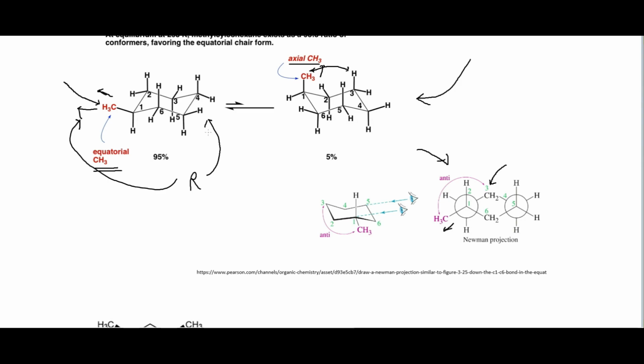And so that's why this is important going forward. So it's not just a curiosity that these substituents want to be equatorial, and that the larger substituents are going to be equatorial over smaller substituents, because it's going to be important going forward as far as when we get to actual reactions and things like that.